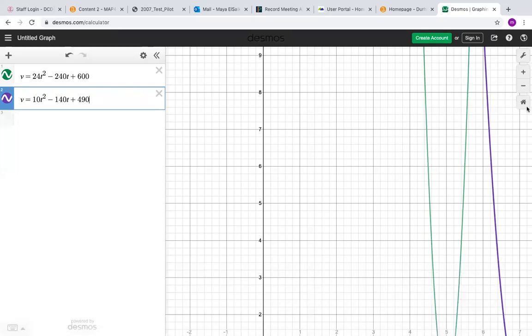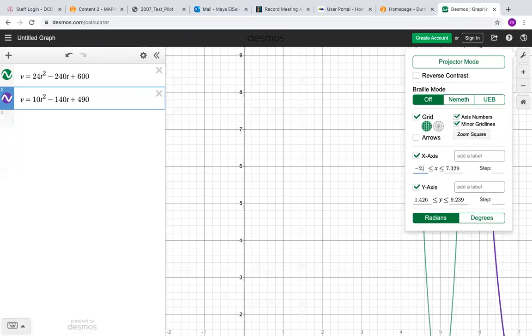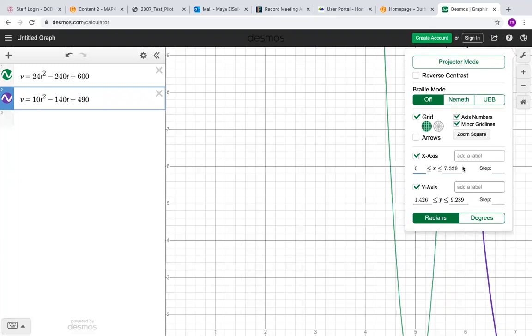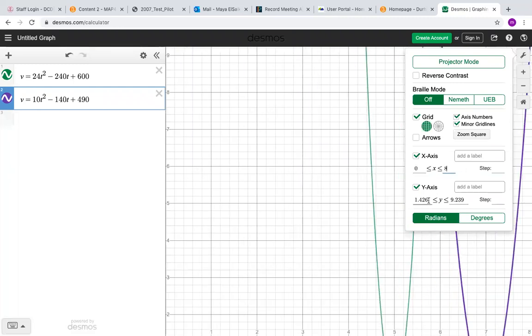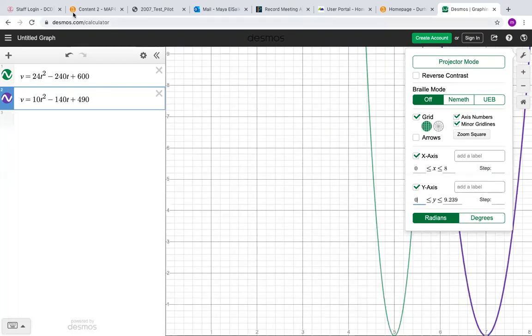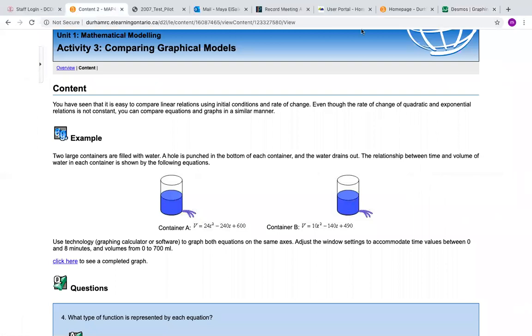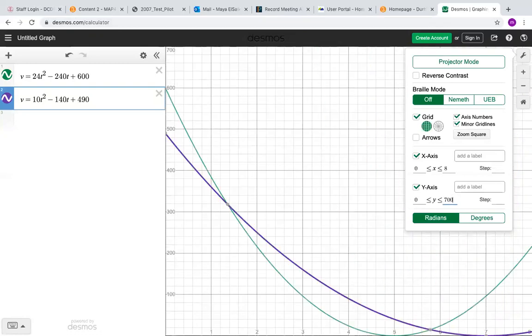We do that by clicking that wrench, and then for the x values, we're going to pick 0 to 8. And then for the y values, we're going to pick 0 to 700. All right, and that would be my graph.